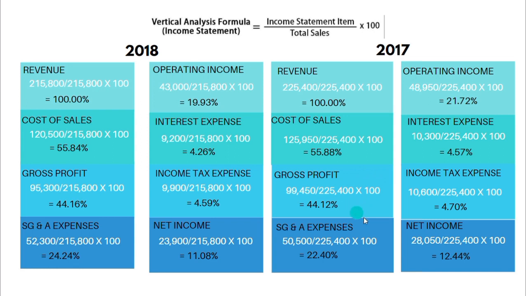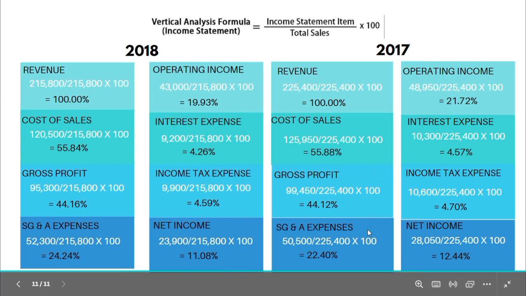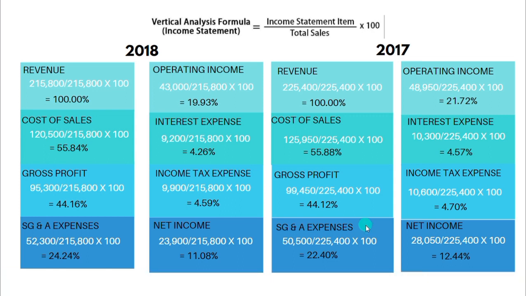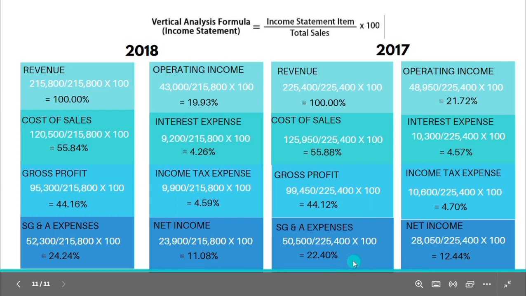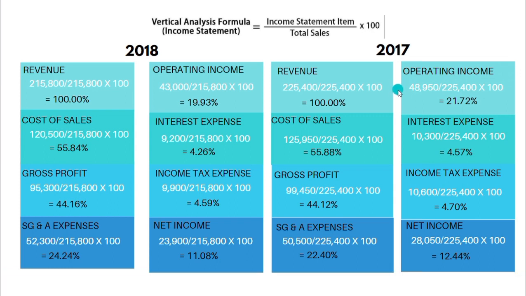Sa SG&A expenses, meron tayong 50,500 na SG&A expenses noong 2017 divided by the total revenue, 225,400 times 100 is equals to 22.40%. Operating income, meron tayong 48,950 noong 2017 divided by the total revenue, which is 225,400 times 100 is equals to 21.72%.